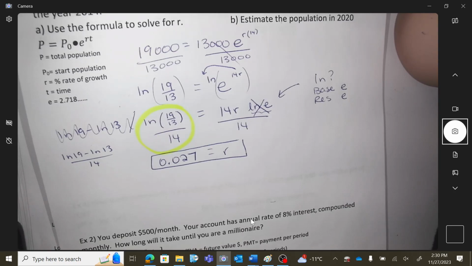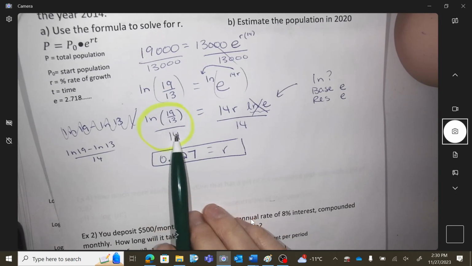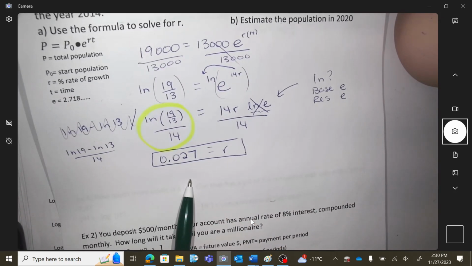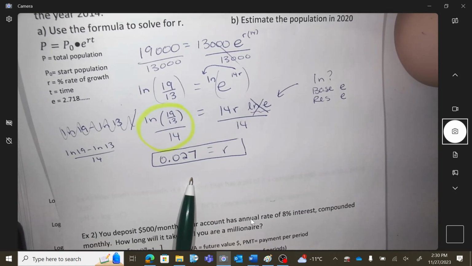Are we matching? Are we getting that? Because I had brackets around that. Okay, do you understand what this means? Your population was growing 2.7%. Does that seem like a reasonable answer for population growth? 2.7% growth.